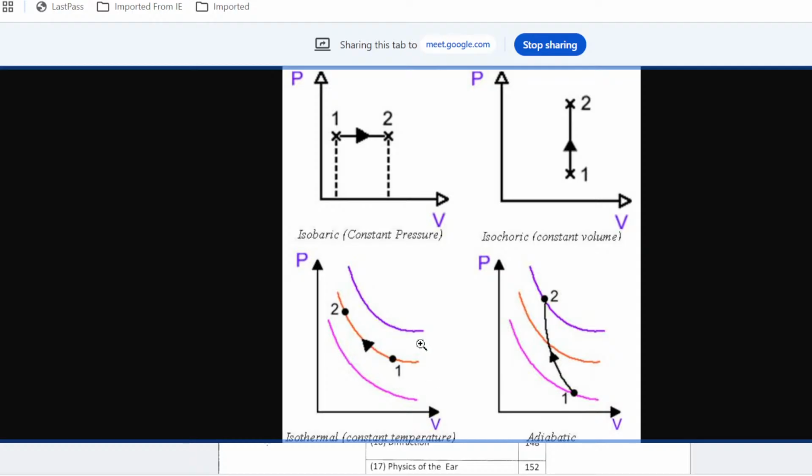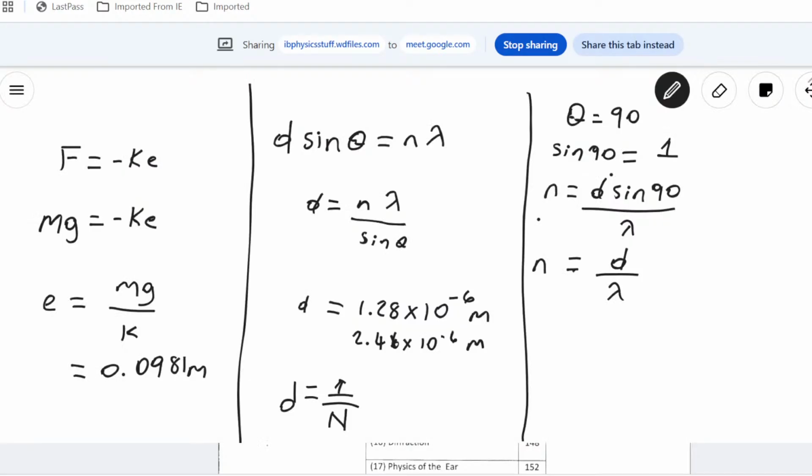So if we're asked about that, if the temperature is not changing, then there's no change in internal energy. That's the result of an isothermal process, so delta U would be 0.